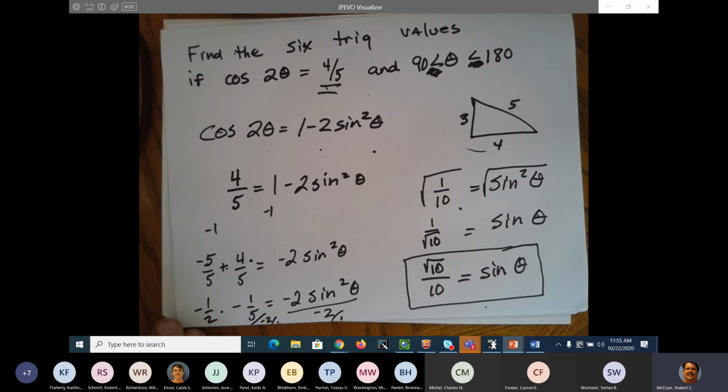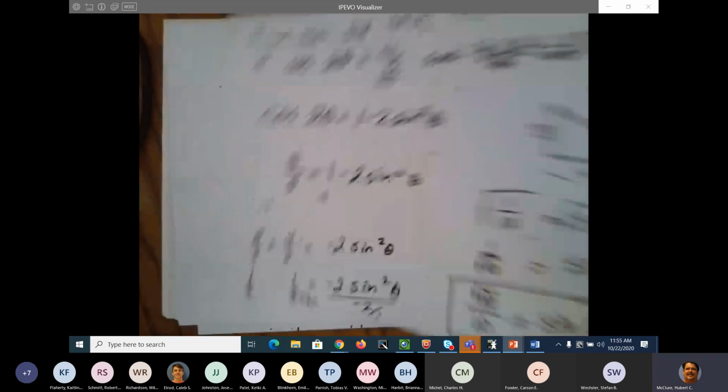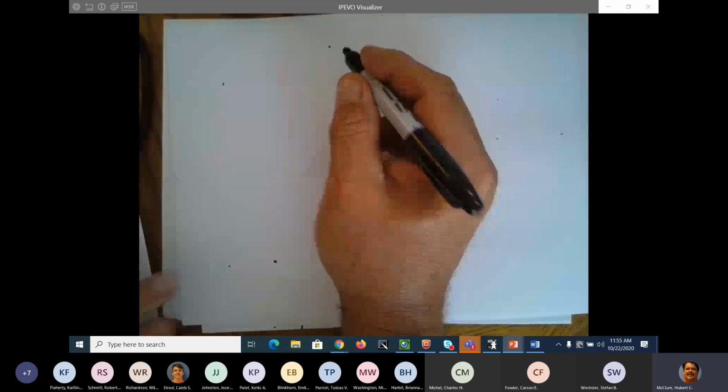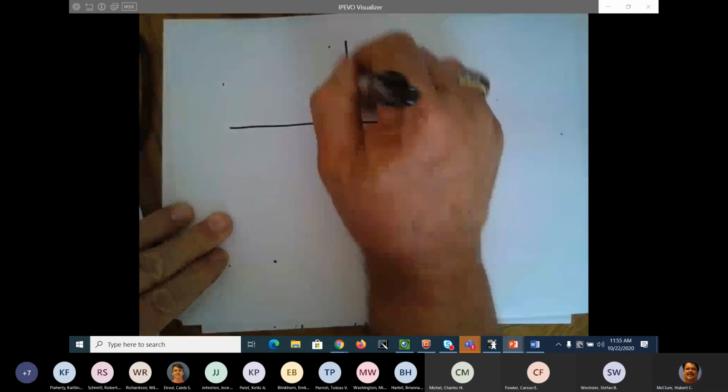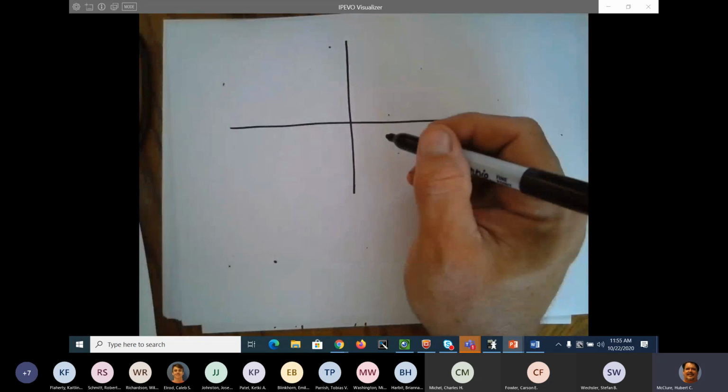Okay, so how do we find the rest of it? Well, you know that the sine is equal to Oscar had. Okay, so let's draw that out. But remember, most of trigonometry is find out where you are. And we know that it's positive.